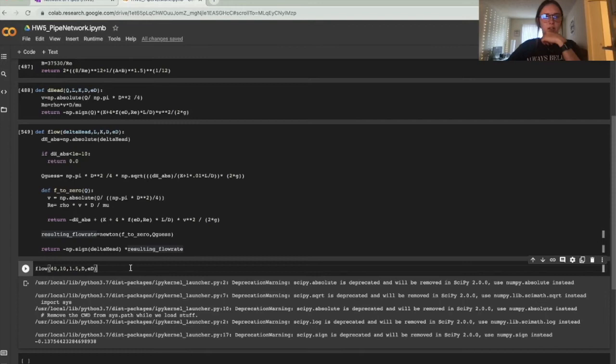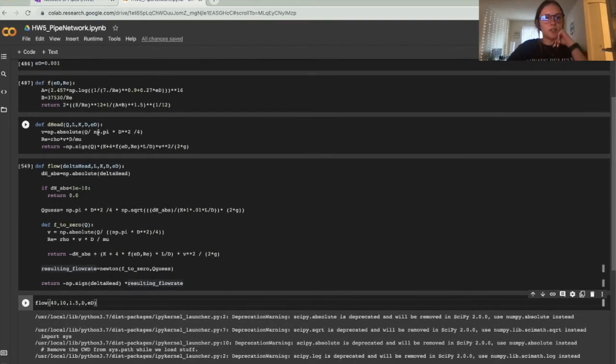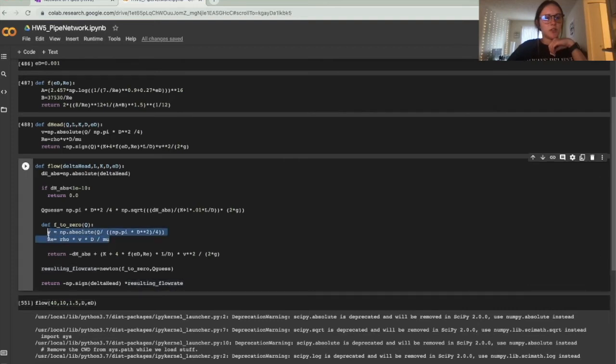Okay, so now that this is working, if we look at the d head function and our f to 0 function, the insides are basically the same.